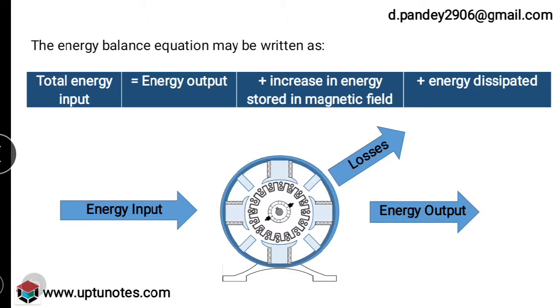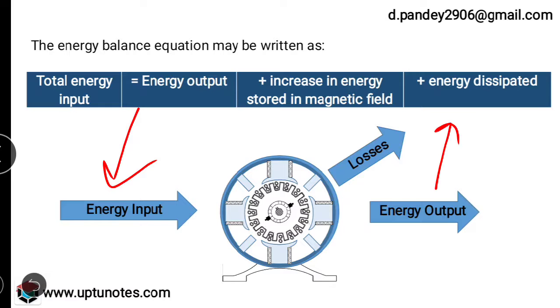In the case of a motor, the energy input is electrical and the energy output is mechanical, and in the case of a generator, the energy input is mechanical while the energy output is electrical. Losses are basically electrical and mechanical losses.